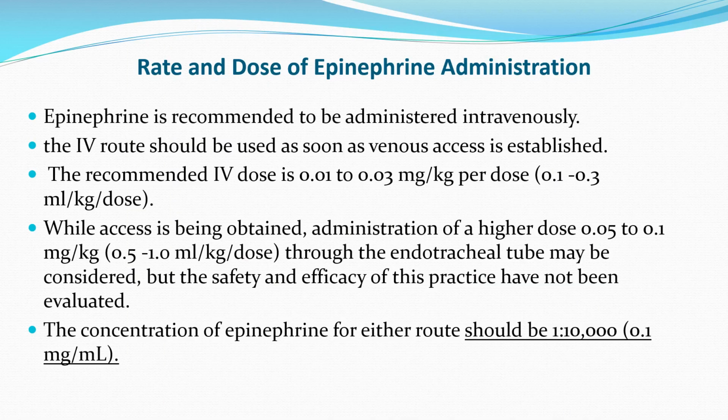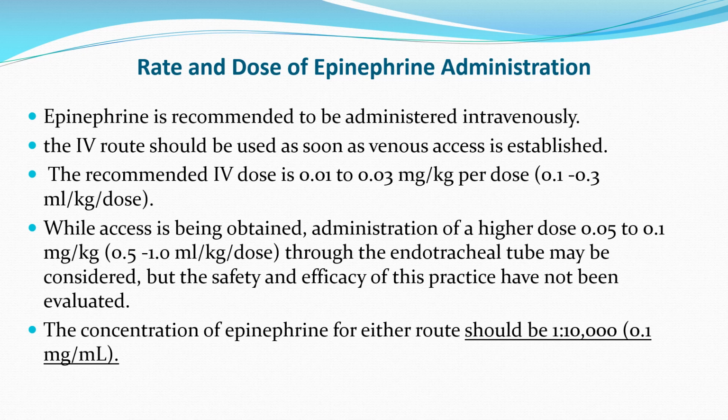So, the rate and dose of epinephrine administration. Epinephrine is recommended to be administered intravenously. The IV route should be used as soon as venous access is established, usually by umbilical vein catheter. The recommended IV dose is 0.01 to 0.03 mg per kg per dose.